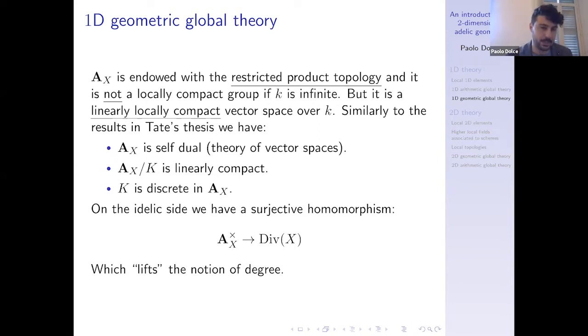This can be done also in the arithmetic case, but we have to deal with arithmetic divisors or replete adeles. So the same lift can be done for the arithmetic case.